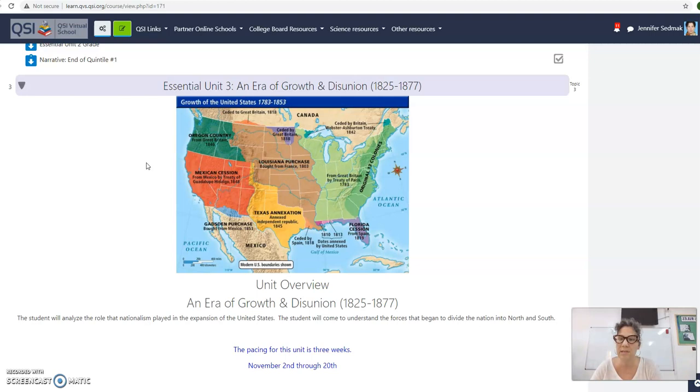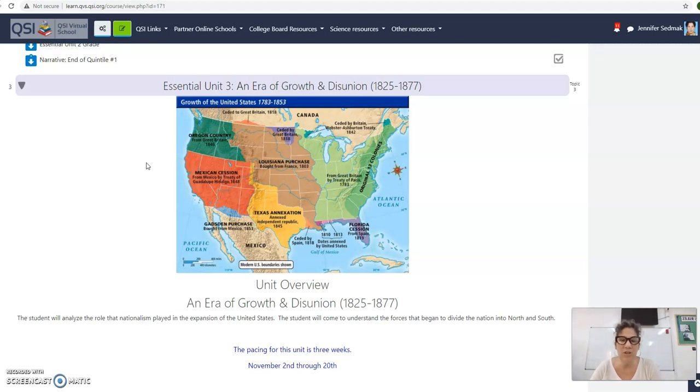Eventually, because there was so much disagreement over the expansion of slavery, as the North grew very anti-slavery with the abolitionist movement, and the South continued to advocate for the expansion of slavery because of the great economic profit that many plantation holders were gaining.